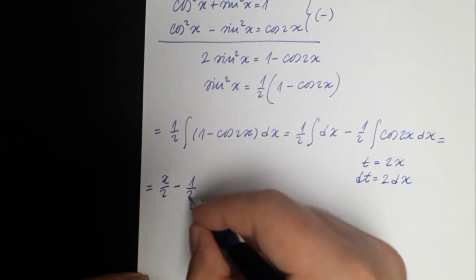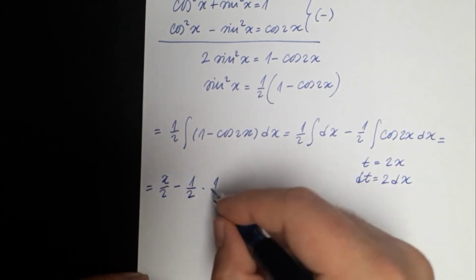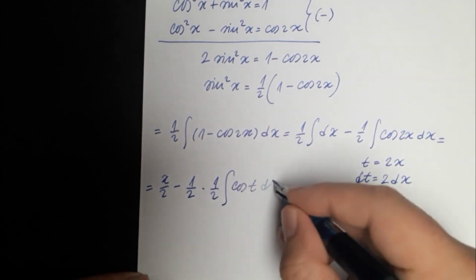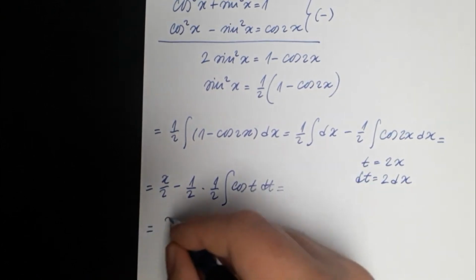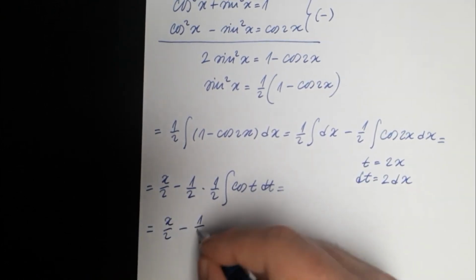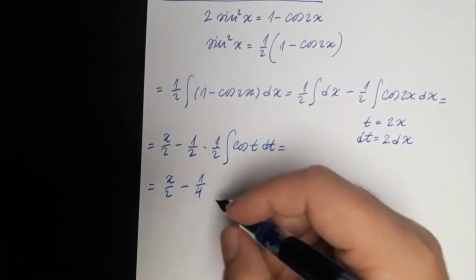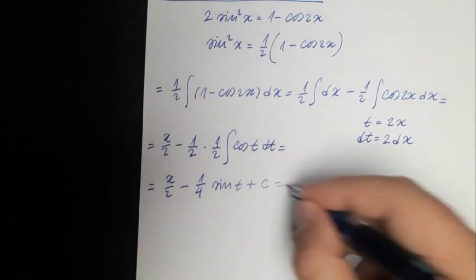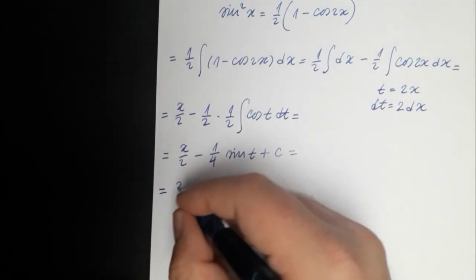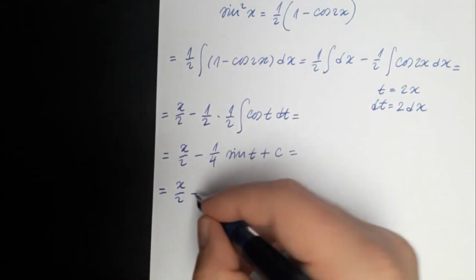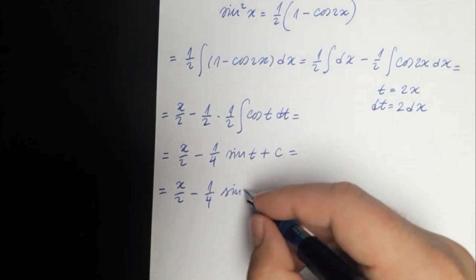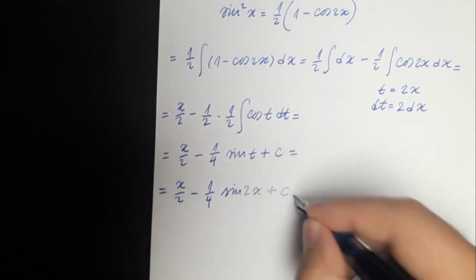Then we have 1/2 times 1/2 of the integral of cosine t dt, and that is x/2 minus 1/4 sine t plus c. And when we return into the x world, this is x/2 minus 1/4 sine of 2x plus c.